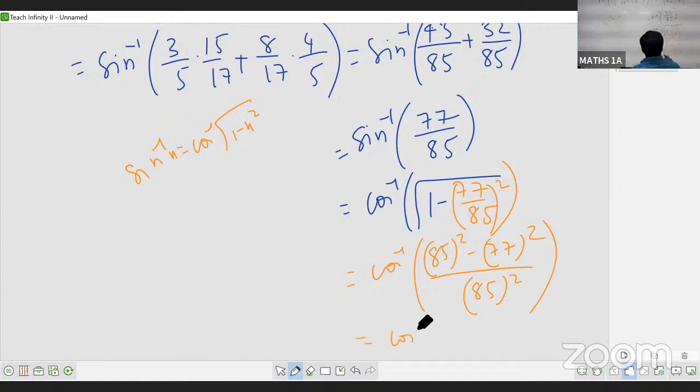That is cos inverse of, this will give you 36 by 85. Under root is there still; the simplification goes a little lengthy, but you do it.